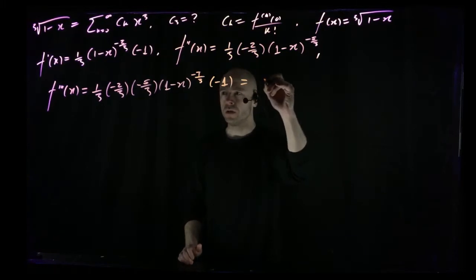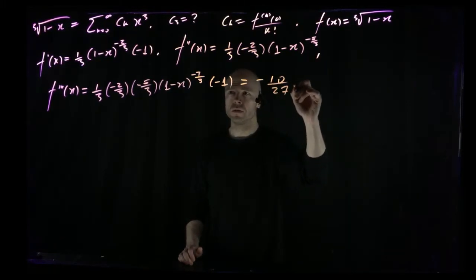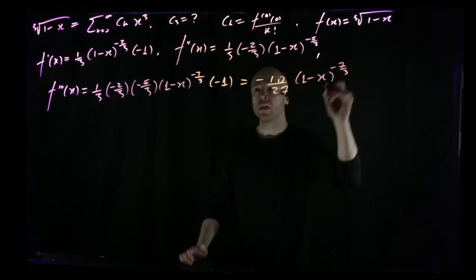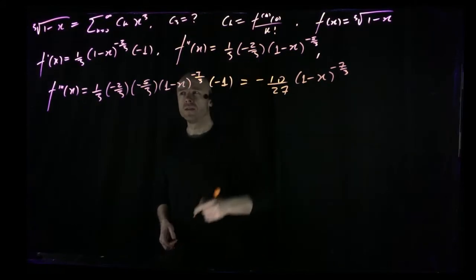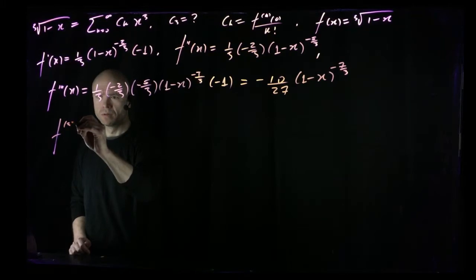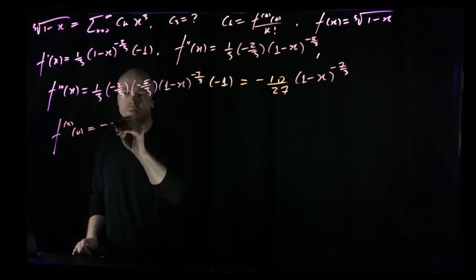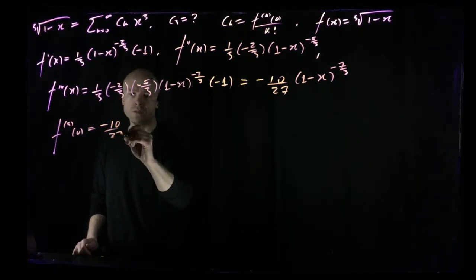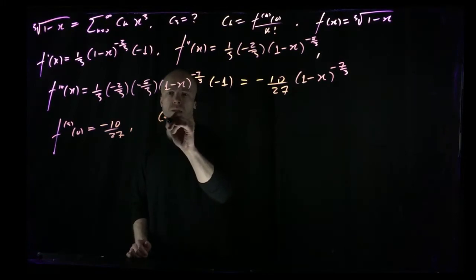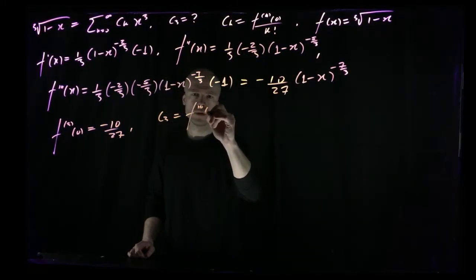So it's going to be minus 10 over 27, 1 minus x to the minus 7 over 3. We're doing the Maclaurin series, we're applying this at 0, so the third derivative at 0 is equal just to minus 10 over 27.